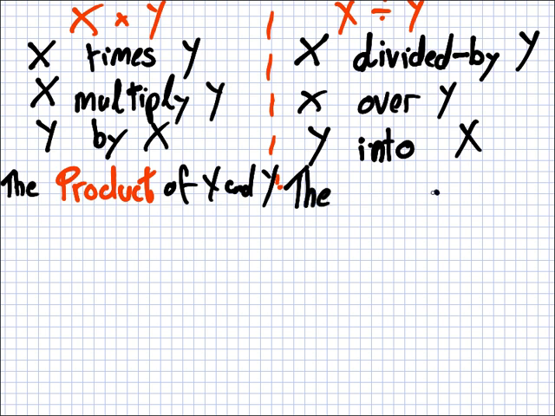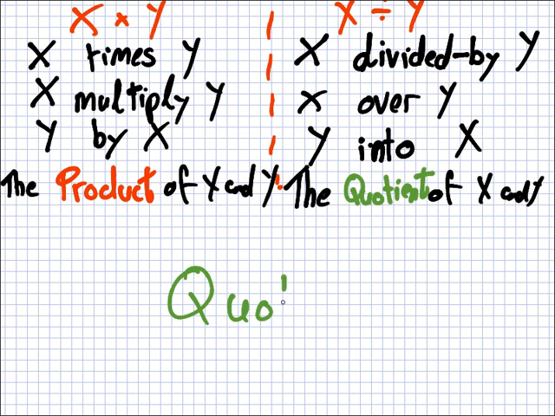The something of X and Y. The word here, let me get a different colour. Quotient. I don't think anyone knows this, right? Quotient, yeah. New word?